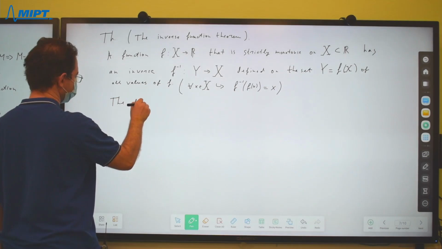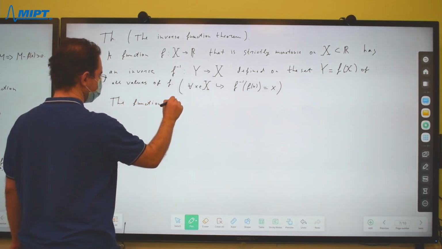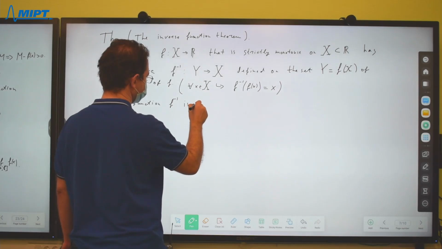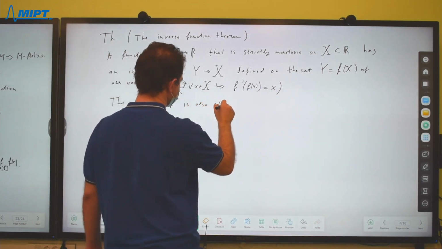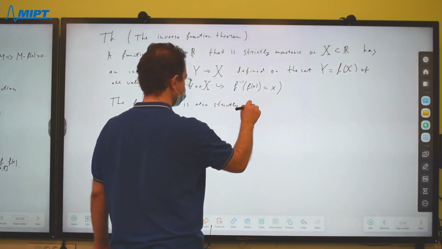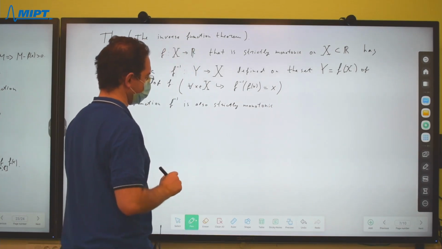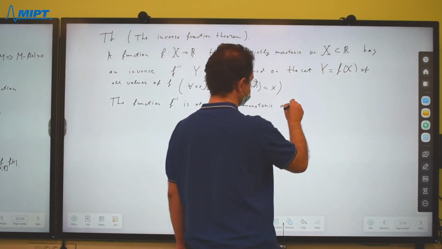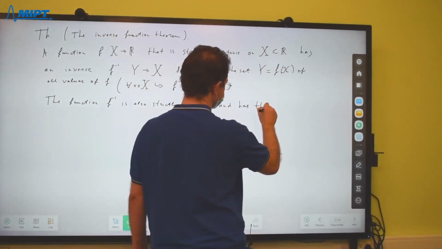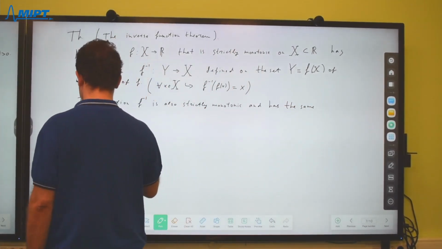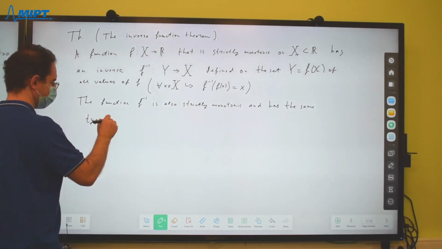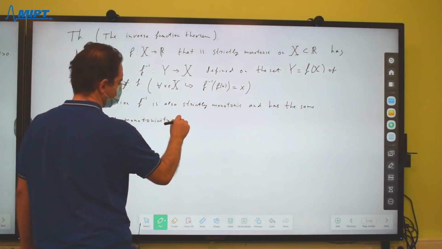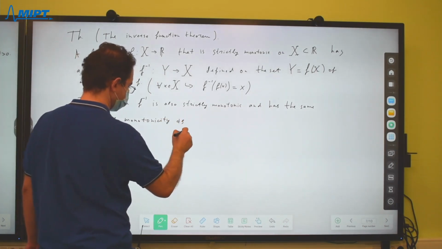The function f minus first, so this is the inverse function, is also strictly monotonic and has the same type of monotonicity as function f.